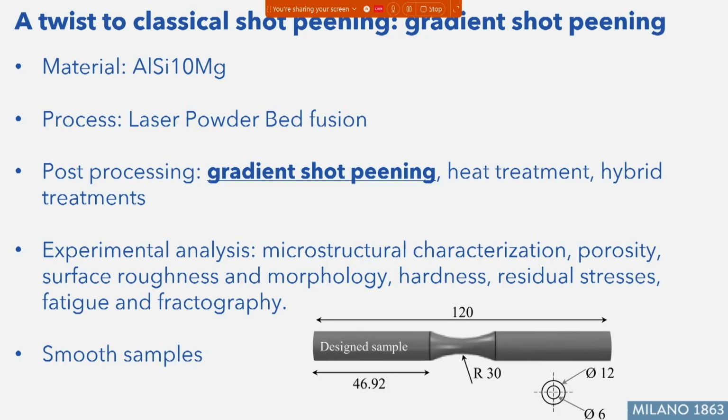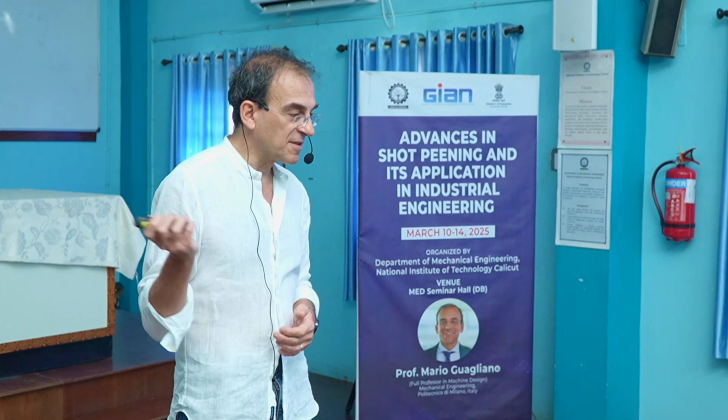We have applied this treatment, the new way that I'm going to present now, to the alloy AlSi10Mg. The hourglass samples are like this, obtained by using laser powder bed fusion. The samples were also heat treated and then shot peened.